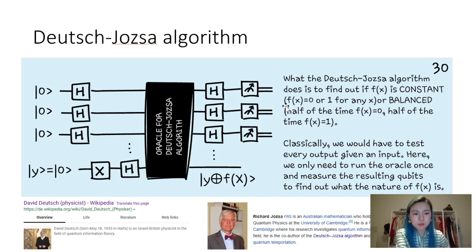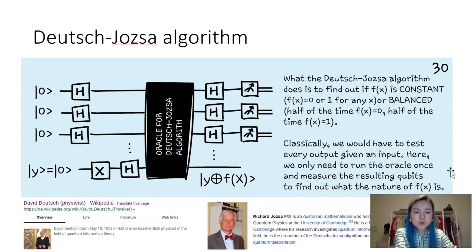This is the setup for these algorithms. It does nothing else. It just tells us if a function is constant or balanced. It doesn't even tell you exactly what f of x is, but what this algorithm does is to tell you the nature of f of x.